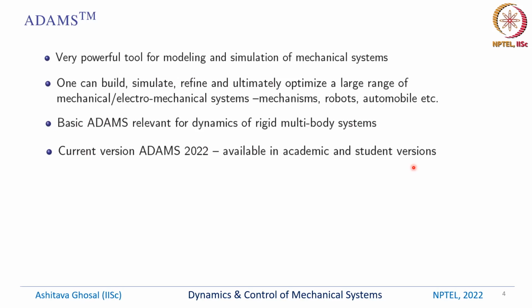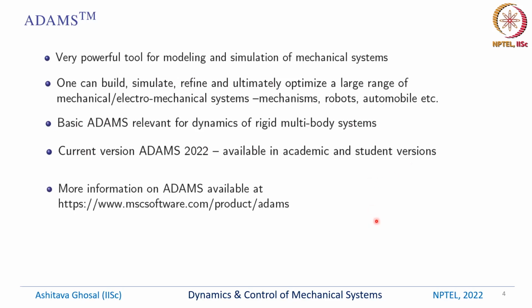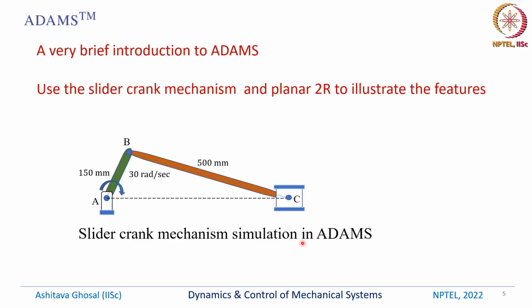They will let you use Adams for some length of time, free. More information on Adams is available at mscsoftware.com, and you can go to this link and see Adams. MSC also makes lots of other software. Adams is only one of their products. So, a very brief introduction to Adams.